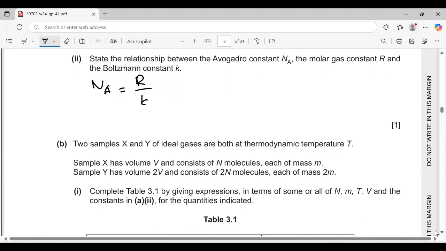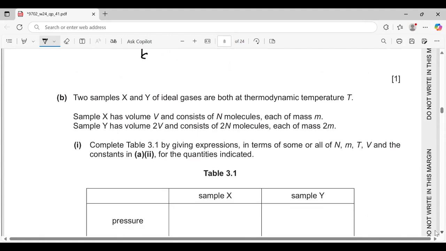Okay, let's continue. Two samples X and Y of ideal gases are both at the thermodynamic temperature T. Sample X has volume V and consists of n molecules of each mass m. Sample Y has volume 2V, twice that of X, and consists of 2n molecules, twice as many as in X, each of mass 2m, twice as much as m.